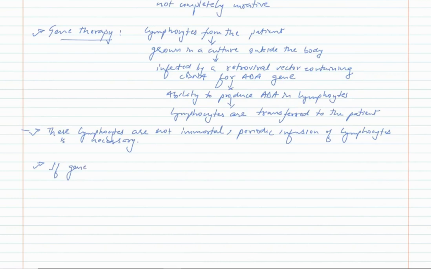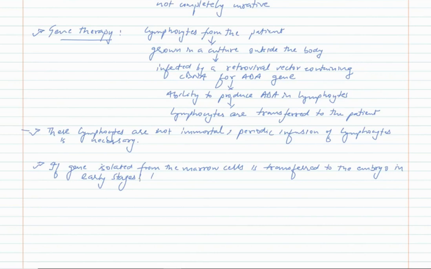However, if the gene which is isolated from the bone marrow cells is transferred to the embryo in early stages, this can permanently cure the patient. We are talking about isolating this gene from another person where it is functioning well, or a synthetically synthesized gene.